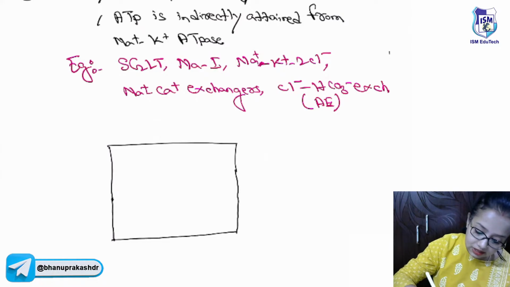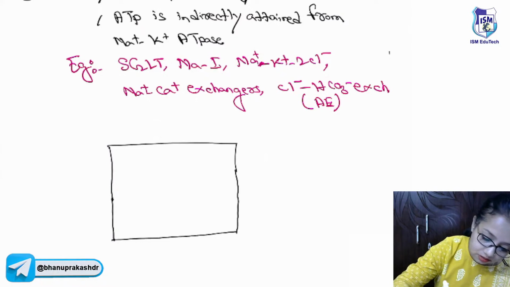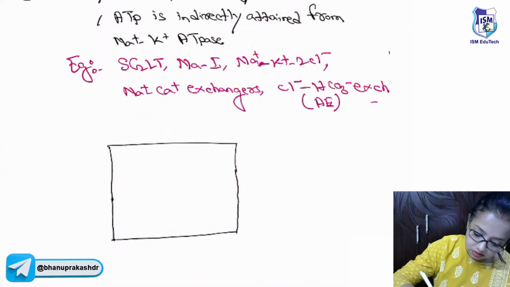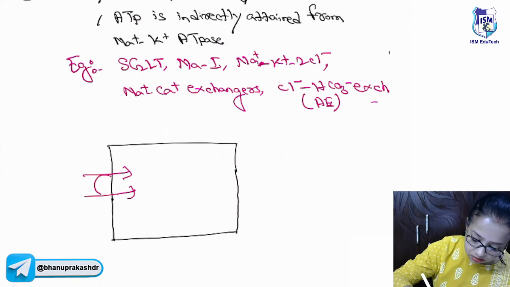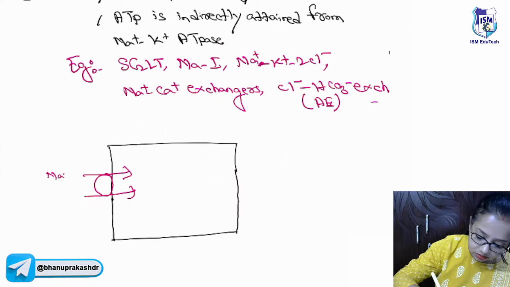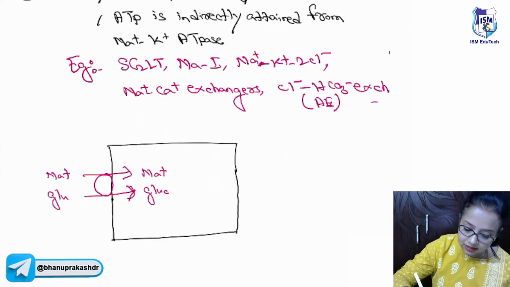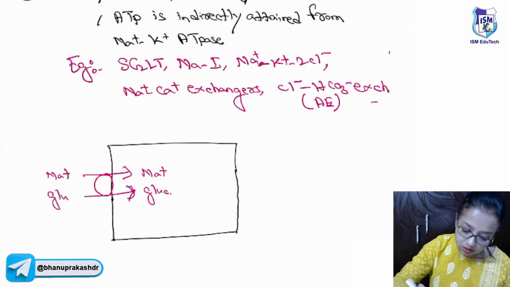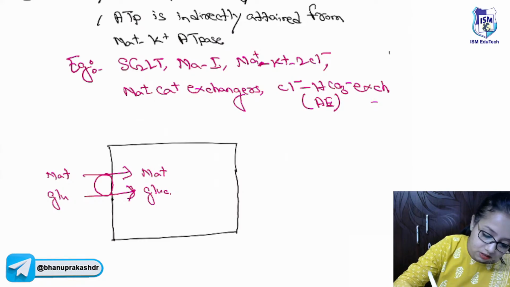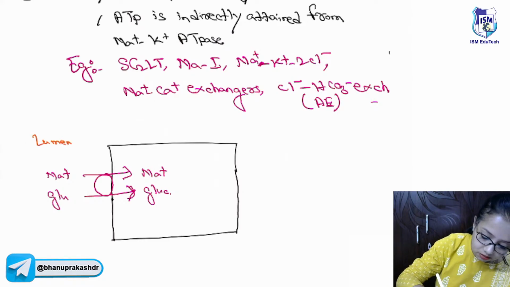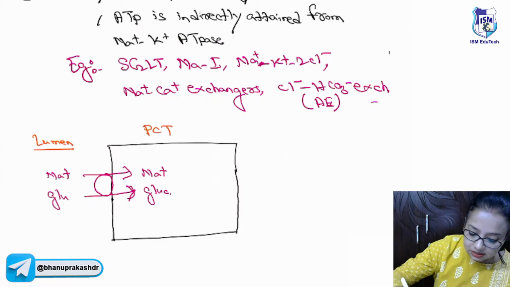Okay, so here there is this symporter or co-transporter, the sodium and glucose importer, by which sodium and glucose are entering the renal tubule cell. This is the lumen. This is our ECF, and this is our plasma, the blood.